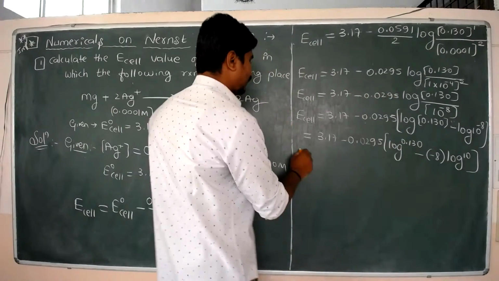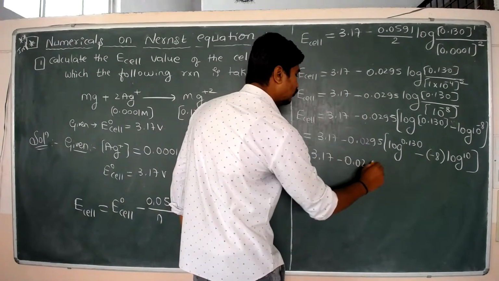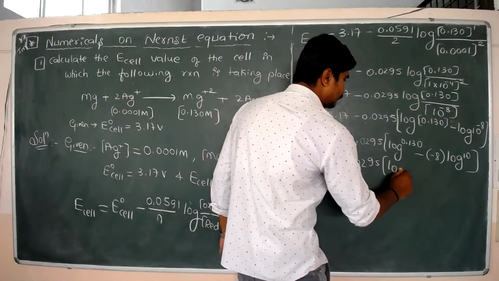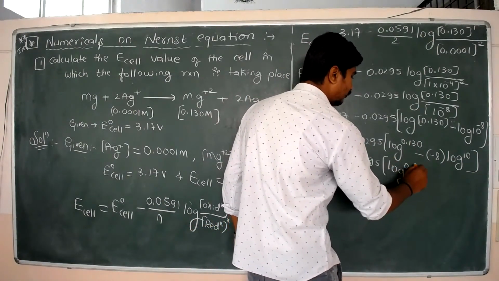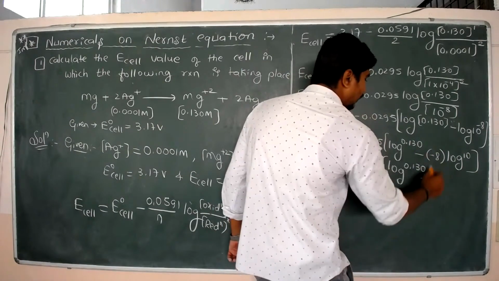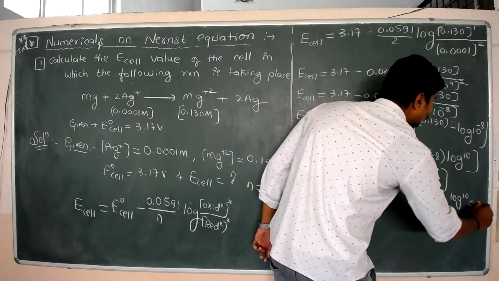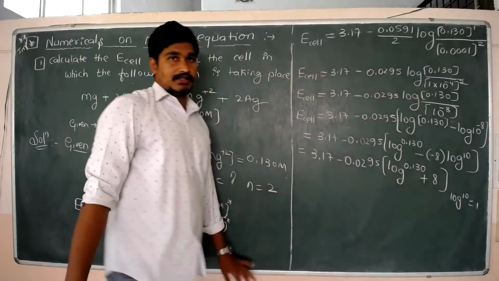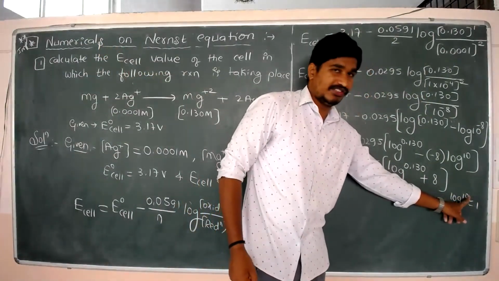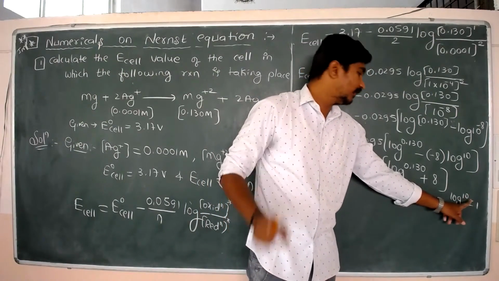Now just simplify this one. It will be 3.17 minus 0.0295. Here it will be log 0.130 as it is, minus into minus plus 8 log 10. Log 10 value is 1. Right? In the log book you will get the characteristic, but here the decimal is after 2 digits. Before the decimal 2 digits are there, 2 minus 1, therefore it will be 1.